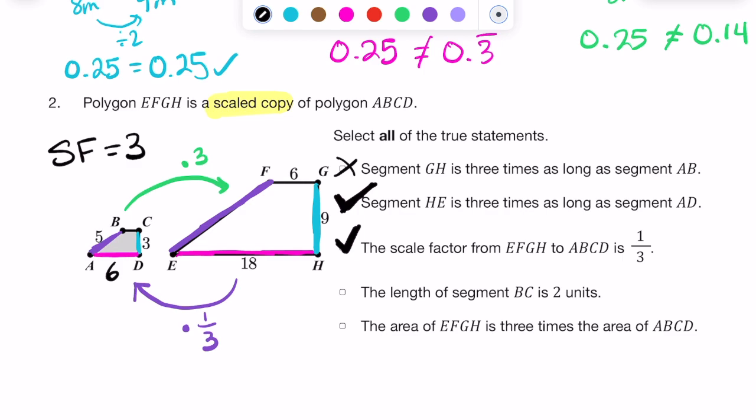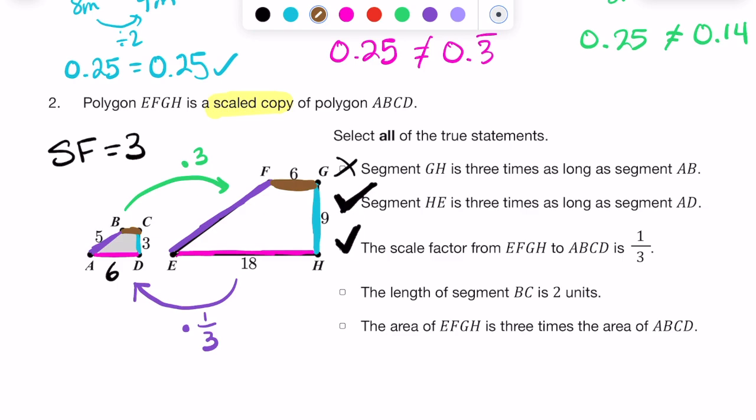Next we have the length of segment BC is 2. Okay, so here is FG, that's 6, and here's BC. Again, it's not labeled, but we can figure it out using this relationship, right?